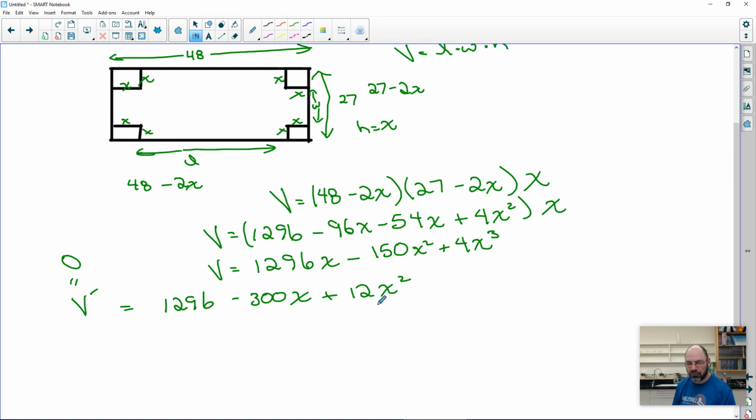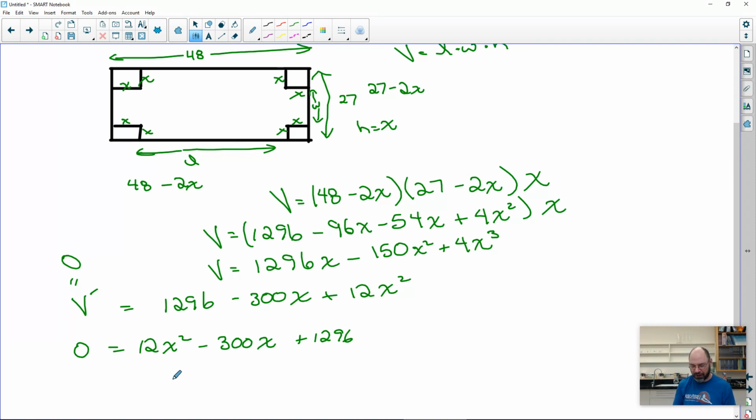Okay, now a quadratic equation is coming up here. So let's write this as 0 equals 12x squared minus 300x plus 1296. And you're like, holy smokes, that's really hard to factor.